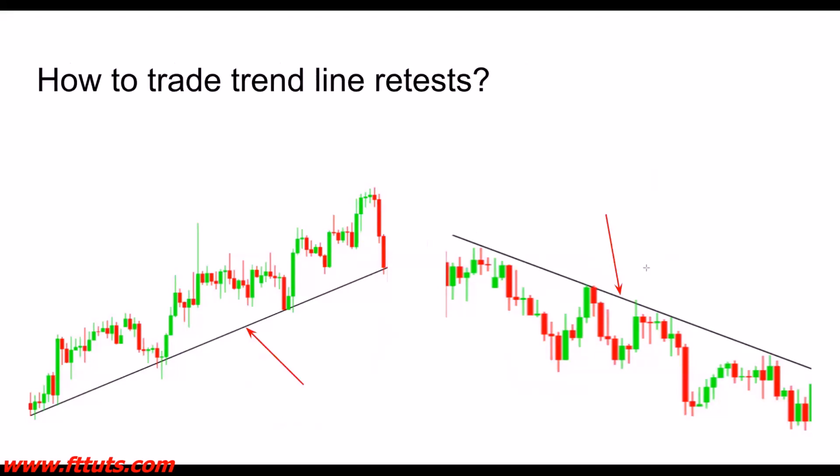We were looking for price to respect the previous higher high and the trend line. Very good. So the indication of how we trade this is structure highs being broken and the trend line being respected. Very good. And that's as simple as trading break and retest on trend lines.